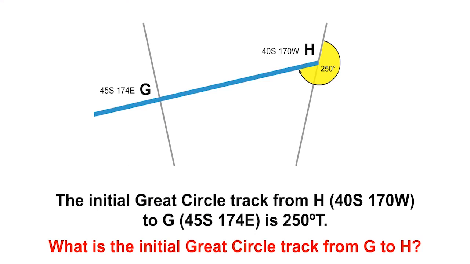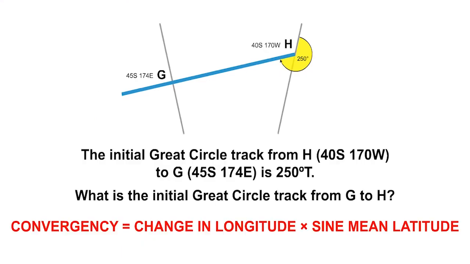So, how much has the Great Circle track angle changed between G and H? What's the formula? It's the convergency formula. Convergency equals change in longitude times the sine of the mean latitude. Now put in the figures you know.